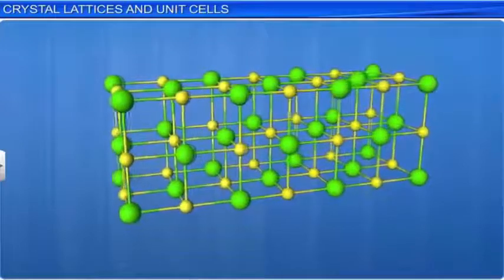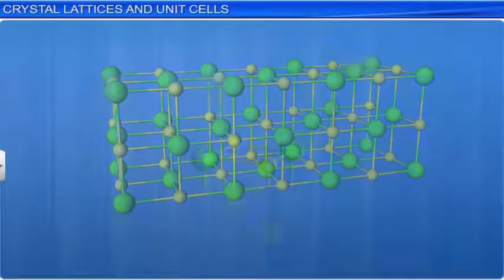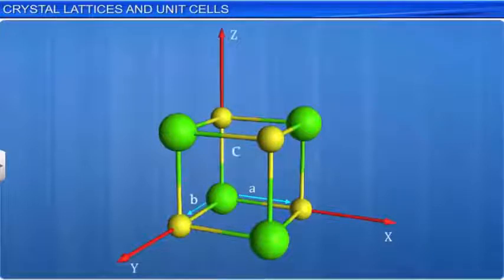A unit cell is characterized by distances a, b, and c along three edges, and angles alpha, beta, and gamma between pairs of edges. Alpha is the angle between edges b and c.